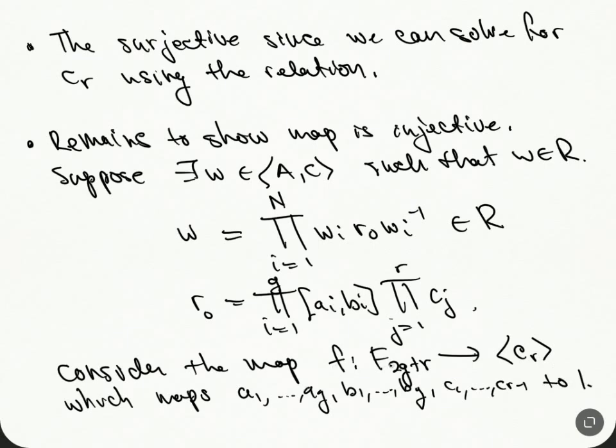We can specify a group homomorphism by specifying where all these elements are sent, and so we're just going to send them to the identity. So we're going to make them the kernel of this map. Well, we have f of w. On one hand, f of w is equal to 1 since w is in this group.